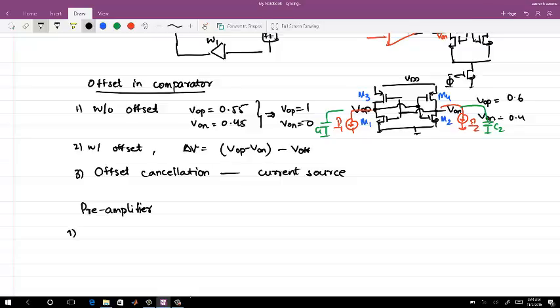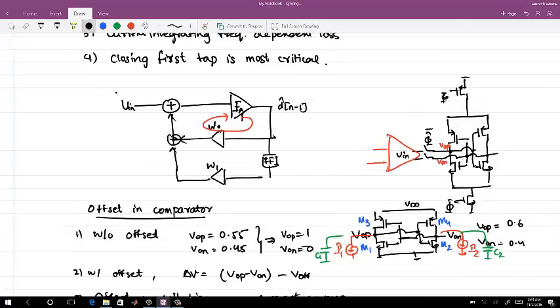Okay. So let me ask you this. If there is a 50 millivolt offset at the input of the comparator and the preamplifier has a gain of 10, what is the input offset looking in? 1 by 10. So the 50 millivolts you look at here as a 5 millivolt offset, right? So whatever is coming from the V summing node should be greater than the 5 millivolt offset to resolve it in a right manner.